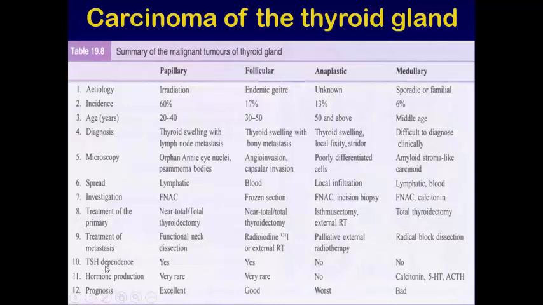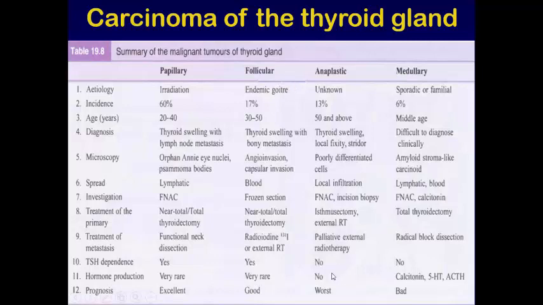TSH dependence: in papillary and follicular, there is TSH dependence, while there is no TSH dependence in anaplastic and medullary. Hormone production is very rare for papillary and follicular carcinoma, so it is rarely thyrotoxic.